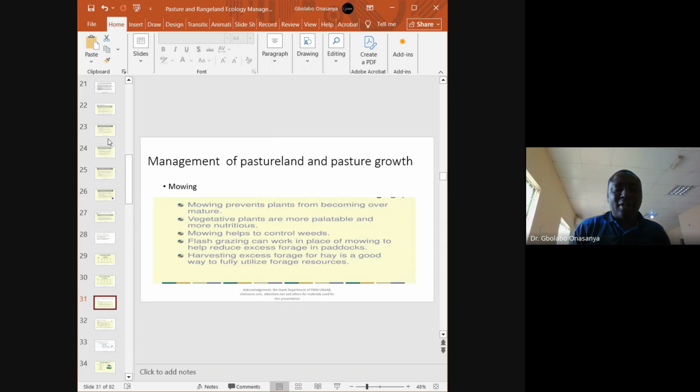Mowing prevents plants from becoming over mature, because animals prefer succulent grasses. And succulent grasses are rich in nutrients, minerals, and vitamins. So those who need to mow, we do mowing, we prune, we trim.